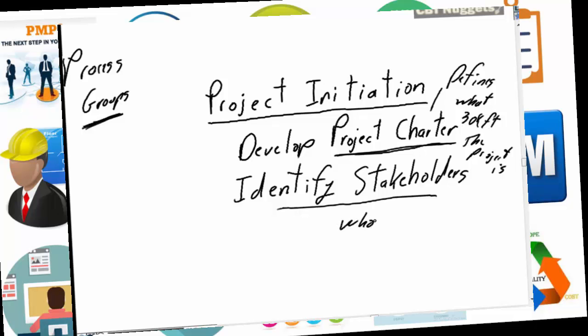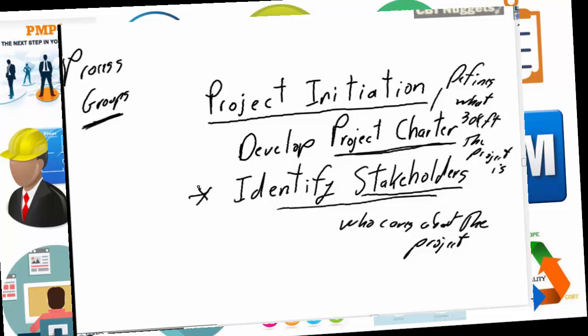Who cares about the project? And at this point in the Nugget series, where we've been through the knowledge areas, we've spent substantial time talking about the stakeholders, who they are and why they care. This is, again, in project initiation, where we actually identify them, right up front in the project.